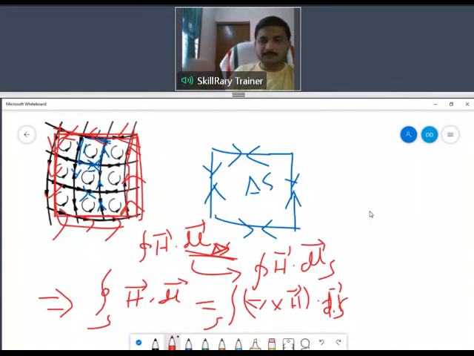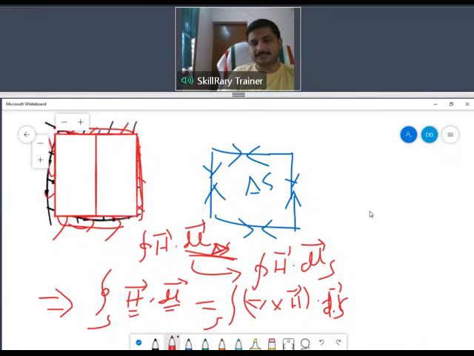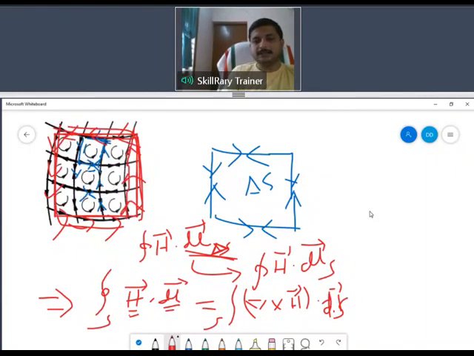Now I made a small mistake here. Listen, I am integrating this H with respect to dl. dl is the perimeter of the area, meaning the perimeter of the path. The perimeter of S is a line integral, not a surface integral.